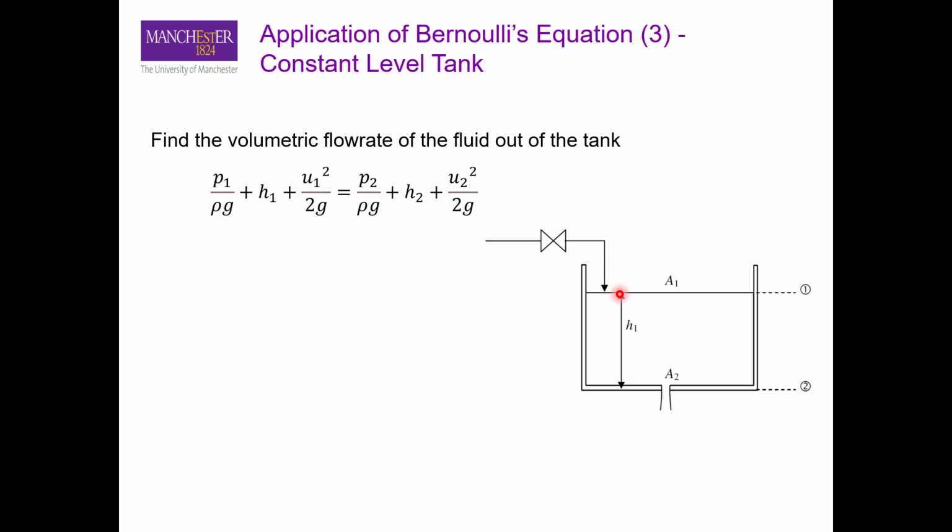So H1 is the height at point 1, and H2, that is the height at point 2, is actually 0. So it means that the difference between the 2 points is the height H1.